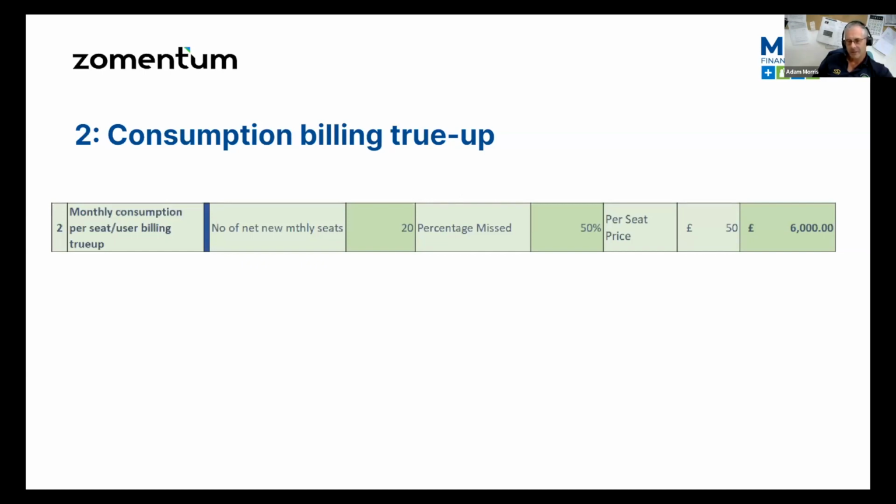What's your price per seat? How many net new seats are there, and roughly how many of those are you missing? So we've just plumbed some figures into that, and that comes up with £6,000. That's on the basis of only 20 new monthly seats across all of your estate, all of your clients, and say you're missing 50% of those. At an annual level, that's £6,000.